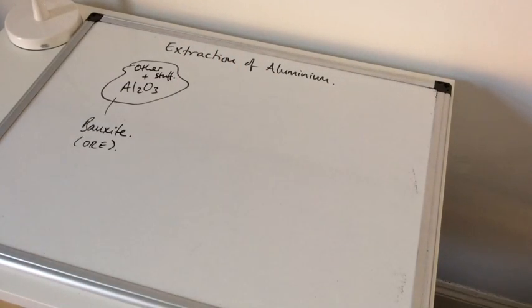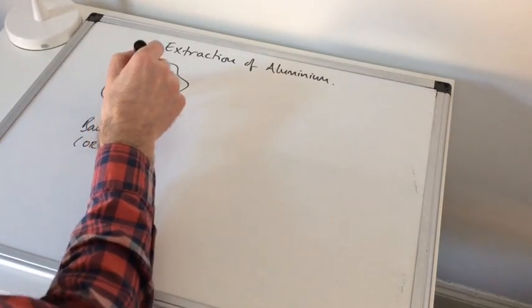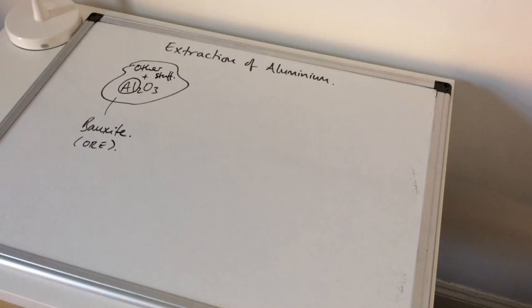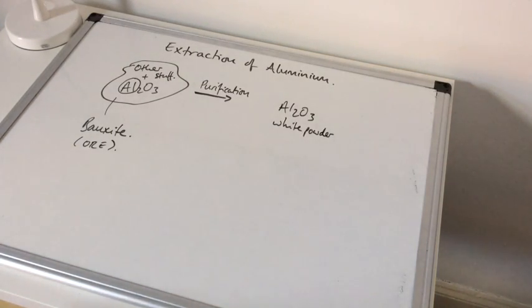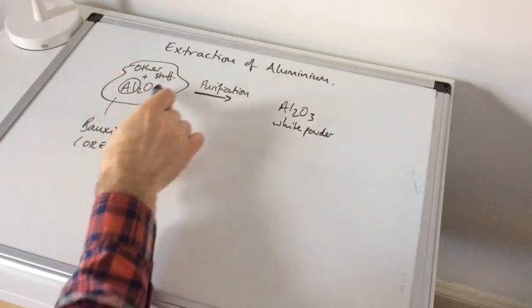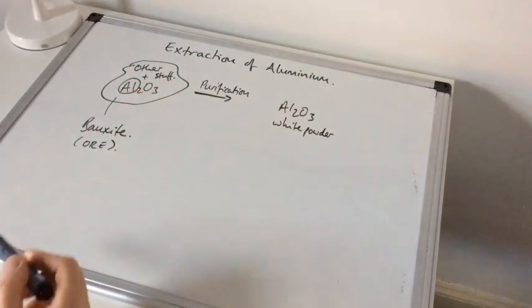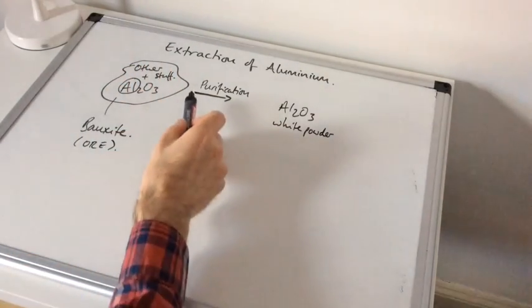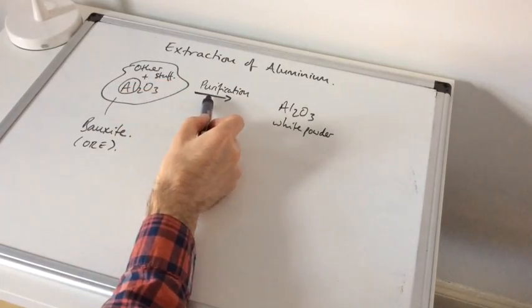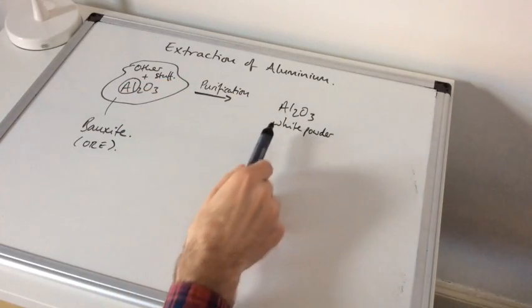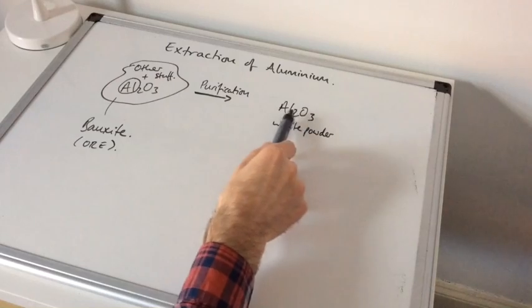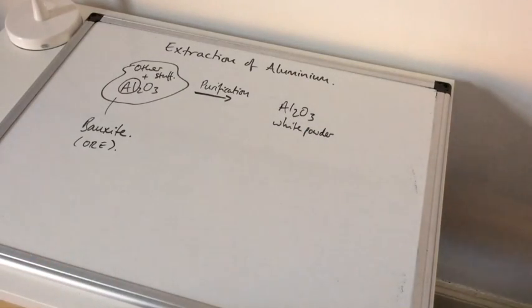So essentially what we need to do is to get the aluminium on its own. The first step of this process is to get rid of all the stuff that we don't want, this other stuff in the ore. So the bauxite is purified and we end up with a white powder, which is actually the chemical aluminium oxide, Al2O3.